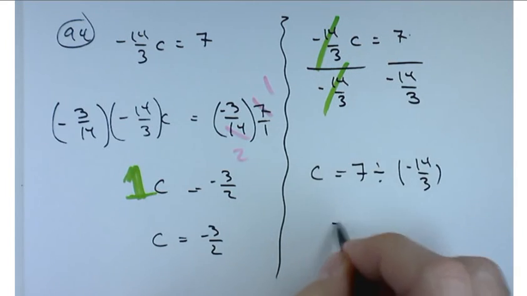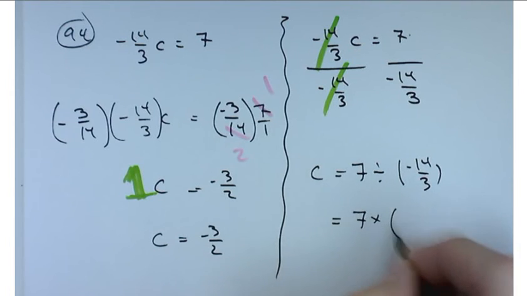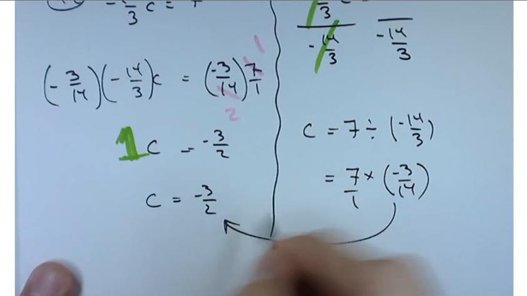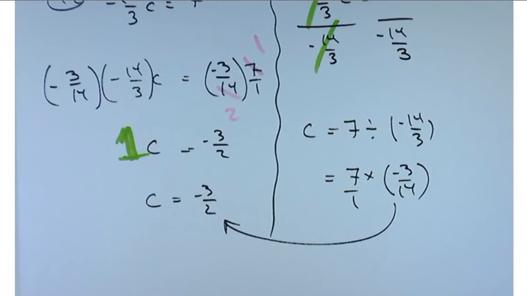What do you do to divide by a fraction? Multiply by the reciprocal. And that's what we did anyways. So multiplying by the reciprocal just saved us a step. You're still going to get the same answer of negative 3/2. It works either way.